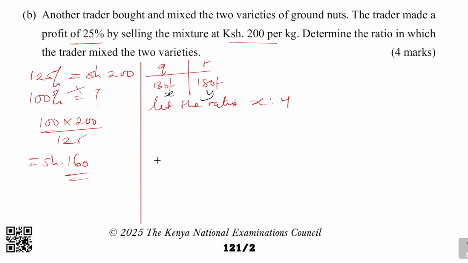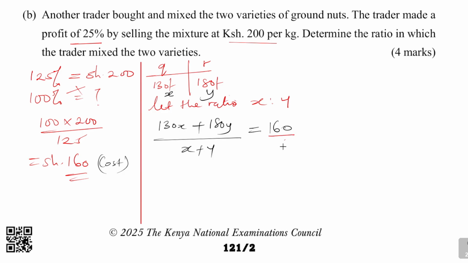So now, because we already have the cost price of 1 kg of the mixture, we get it by taking 130 multiplied by x, plus 180 multiplied by y, and then we divide by the sum of the ratios, which is x plus y, and this should give the cost price of 1 kg, which is 160.